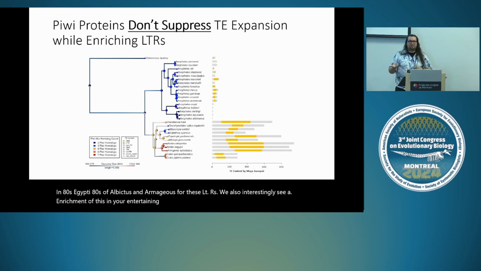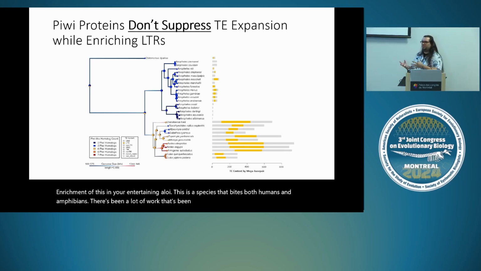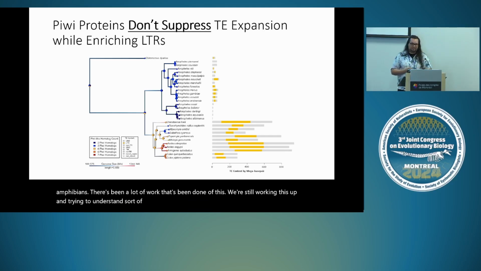This is a species that bites both humans and amphibians. We're still working this up and trying to understand what its viral load is in general in the public. But this is something that our group is actively working on for Uranotaenia, and seeing if this system has evolved once or multiple times.